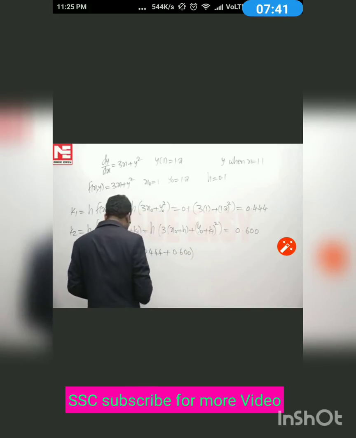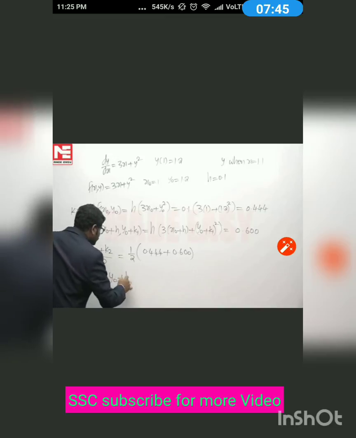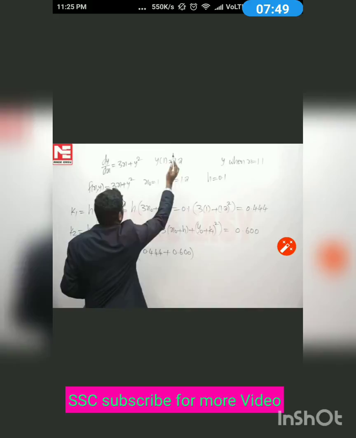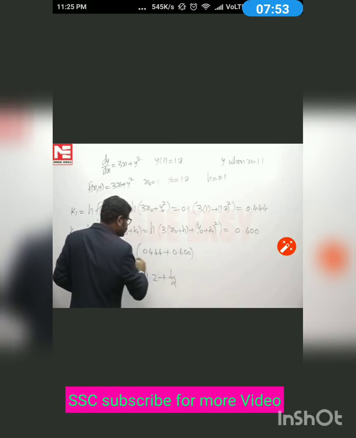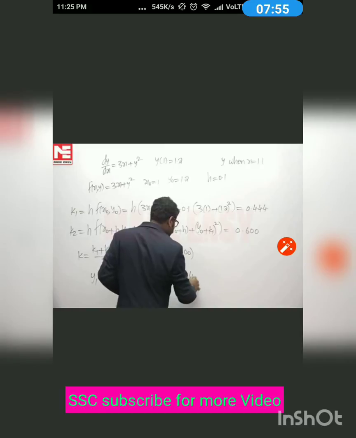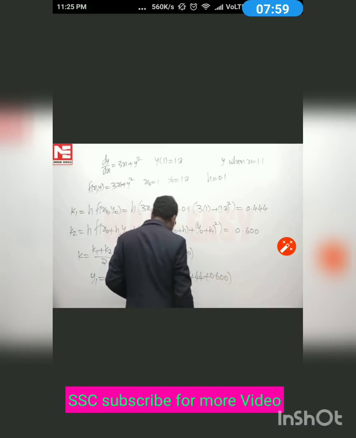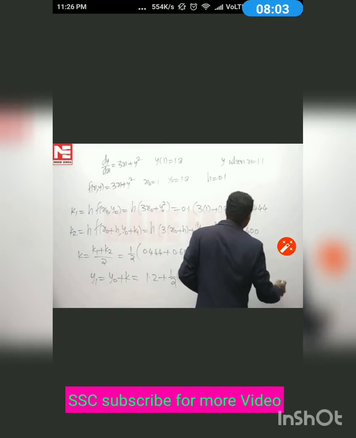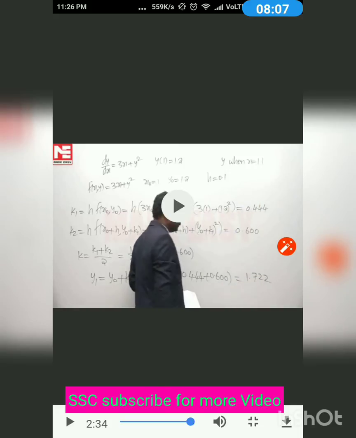Next y1 is y naught plus k, that is y naught is 1.2 plus 1 by 2 of this value, 0.444 plus 0.600. By simplifying this, we will get 1.722. That is the value of y when x is 1.1.